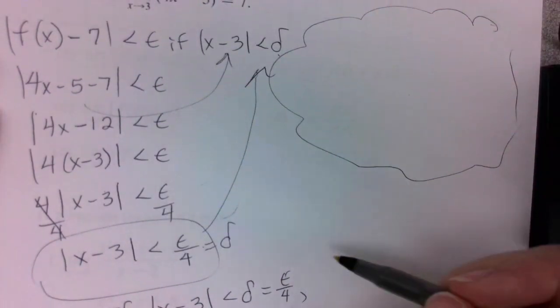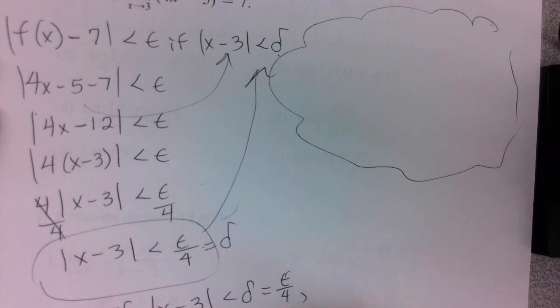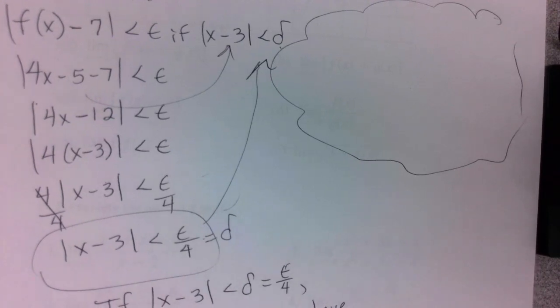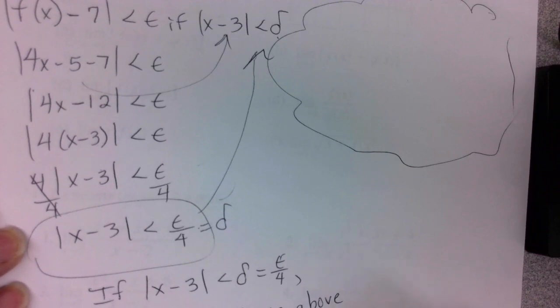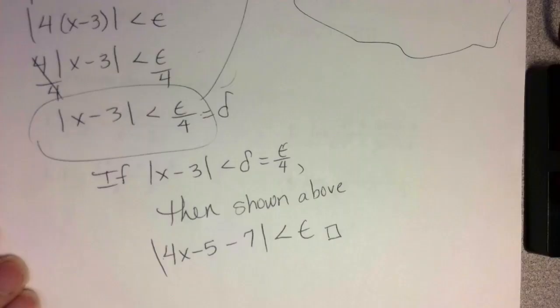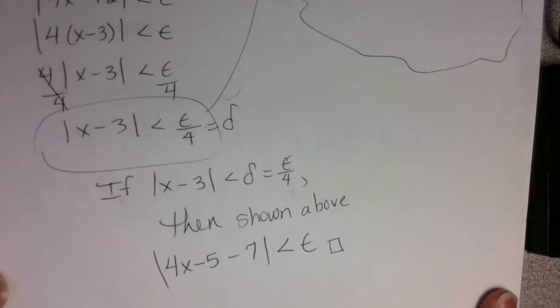But since all the steps are shown above, 4x minus 5 minus 7, absolute value is less than epsilon. Our proof is done. Sorry. I don't know if that helps or not.